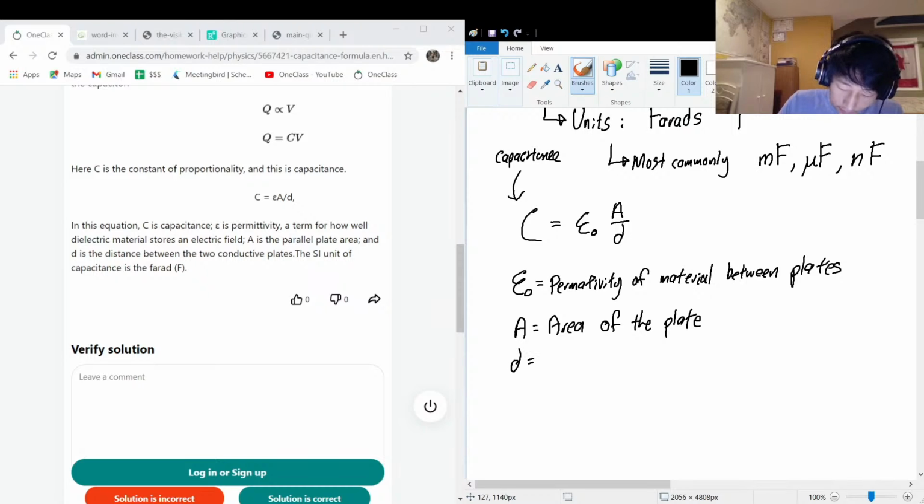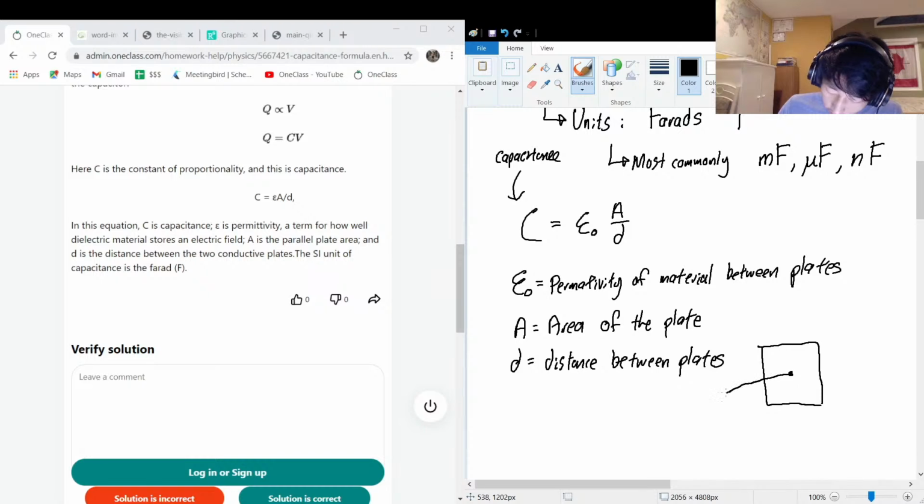And D is the separation of the plates, or distance between plates. So if we draw it more in a 3D sense, with some square plates, this could be plate 1, and maybe all the way back here we'll have a plate 2.